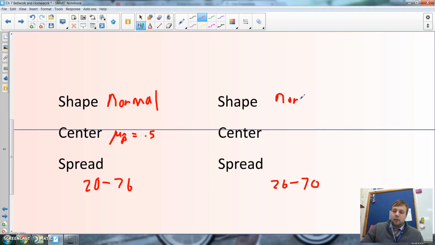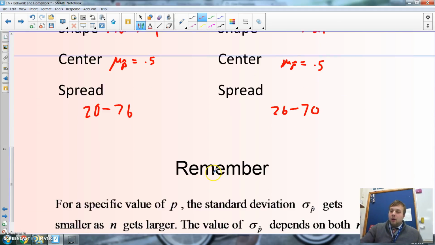Sorry, I'm writing with my mouse. And the center is still located, the mean of all my proportions is at 0.5, where it seems like the center is. So the spread has changed. Wow.